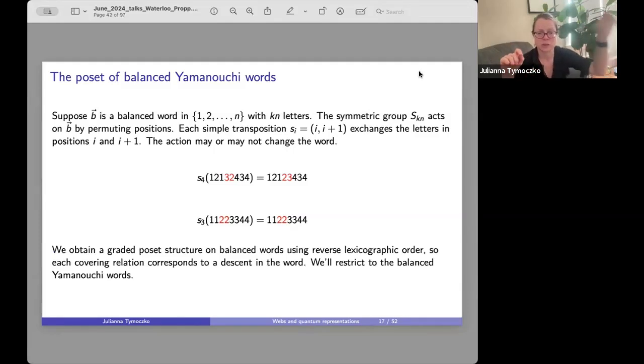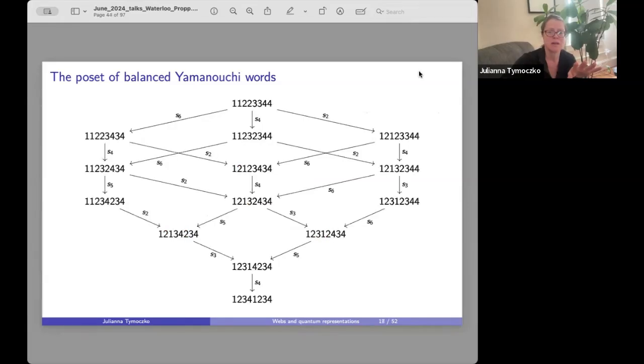So we can get a poset on the balanced words using reverse lexicographic order. Each of these covering relations in the poset corresponds to a descent in the word. I'm just going to look at balanced Yamanouchi words to make it easier. Here's the picture that I am talking about. If we go down to the very bottom example, we're starting with 1, 2, 3, 4, 1, 2, 3, 4, and this first exchange is just flipping the 4, 1 and the 1, 4.